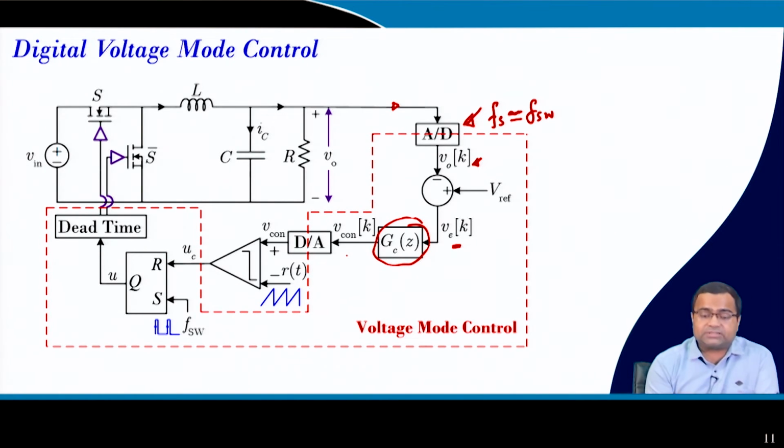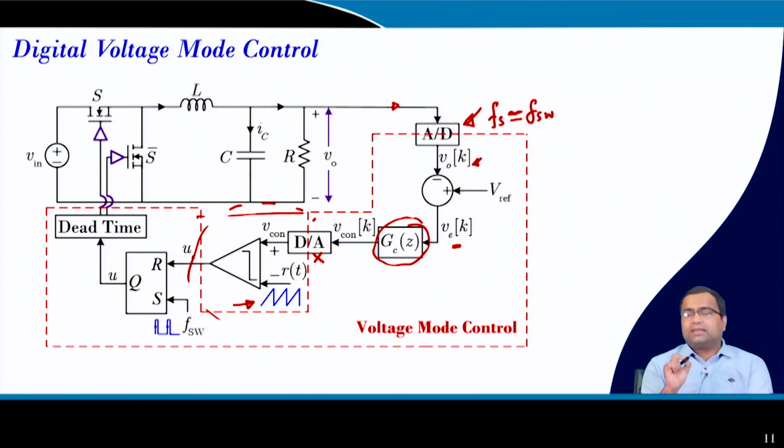And then the compensator output goes to a sawtooth waveform in analog, or we can also consider the whole thing in digital. In fact, this can be current also, that means this provision is kept to show current, but in voltage mode control the whole thing can be digital and you may not need any DAC if you generate the sawtooth in the digital waveform.